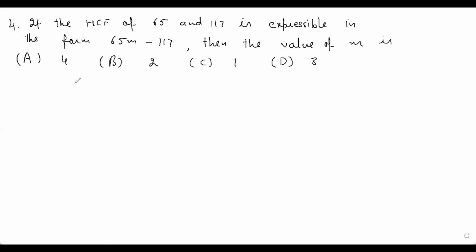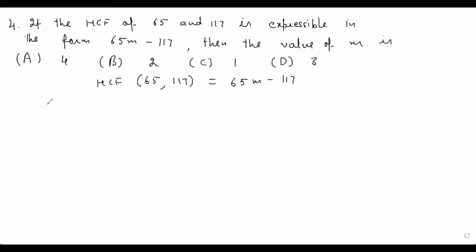Now HCF of 65 and 117 is expressible in the form of 65m minus 117. It means HCF of 65 and 117 is equal to 65m minus 117. Now I am going to find HCF of 65 and 117. I'm going to apply Euclid division algorithm.